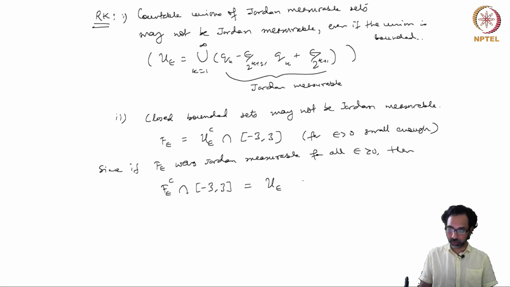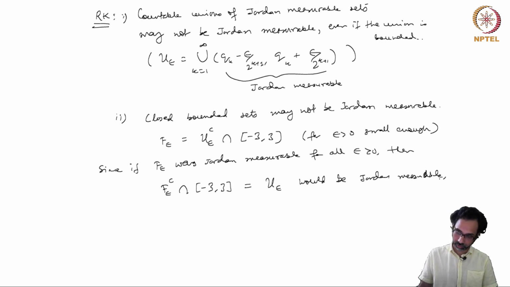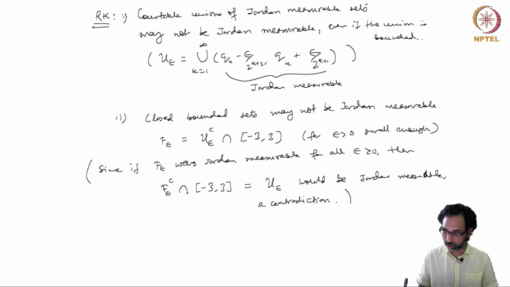So this is a contradiction. So F epsilon is not Jordan measurable. So we have seen that open bounded sets as well as closed bounded sets may not be Jordan measurable.